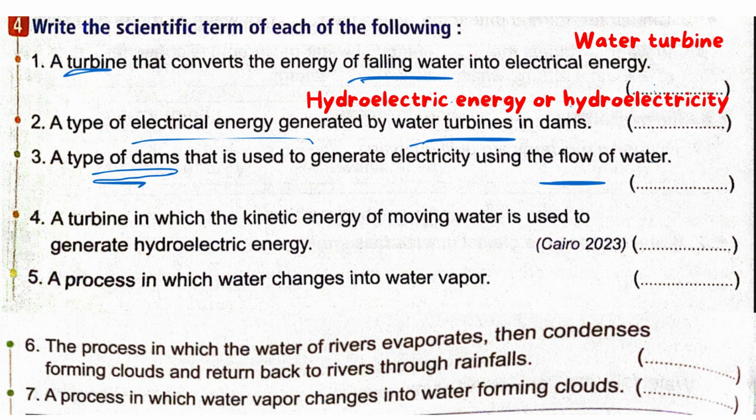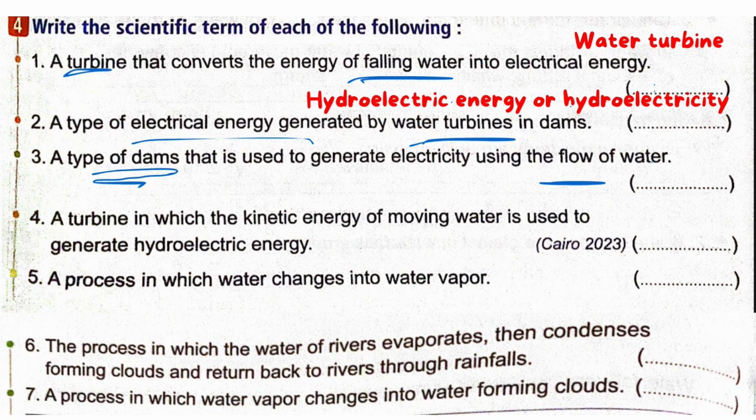Both are right. We know that the part hydro means water, so this means electricity that comes from the water or that is generated from the water.